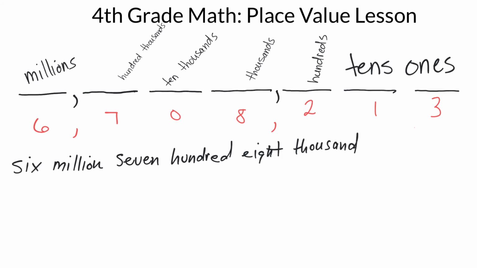Then finally, how many hundreds do we have? Well, we have 213 hundreds. Really, we don't have to say how many hundreds we have. We just call it 213. And that is the number written in word form.